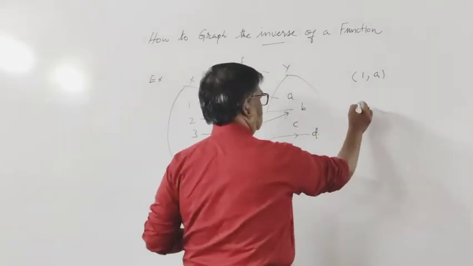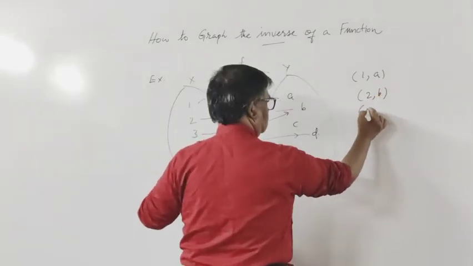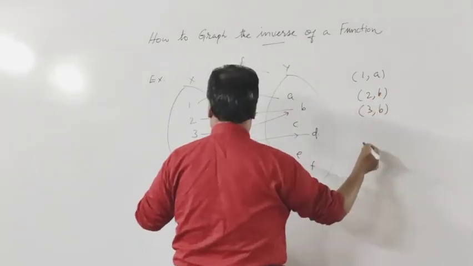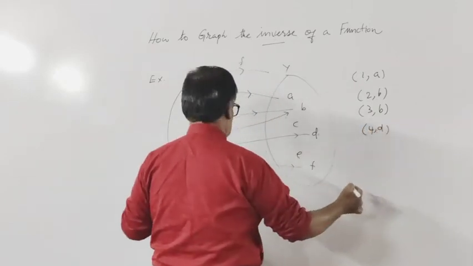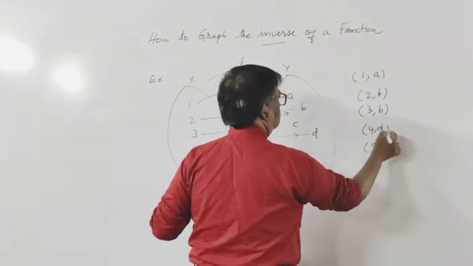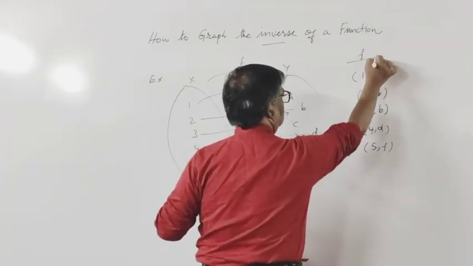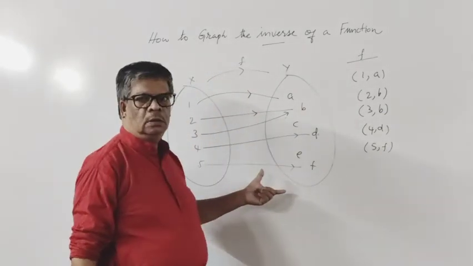Similarly, 2B, 3B, 4D and 5F. These are the ordered pairs corresponding to this particular assignment.